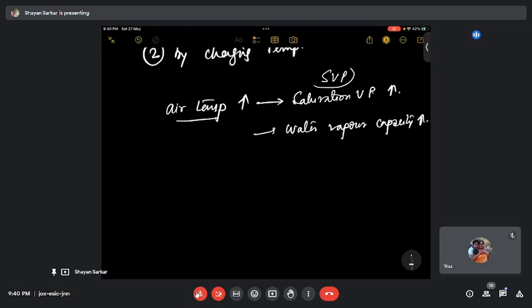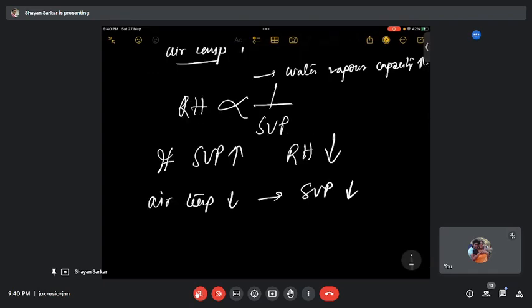If SVP increases, then RH will decrease.